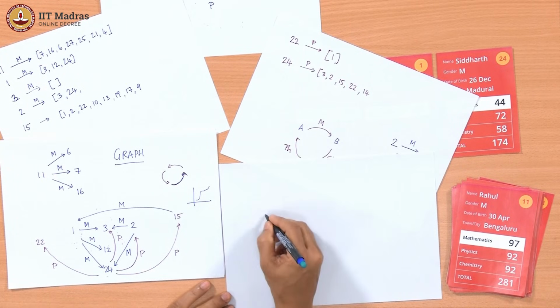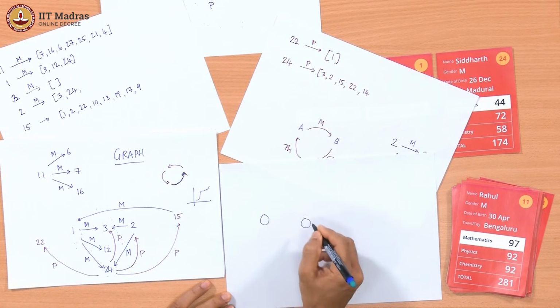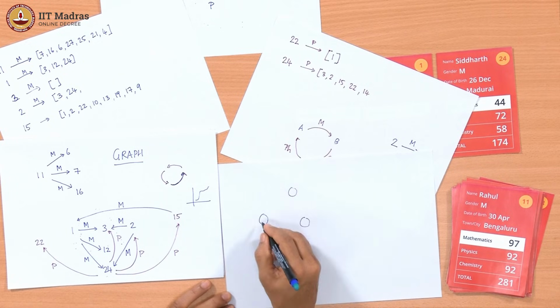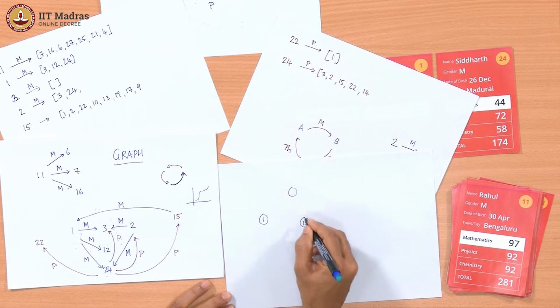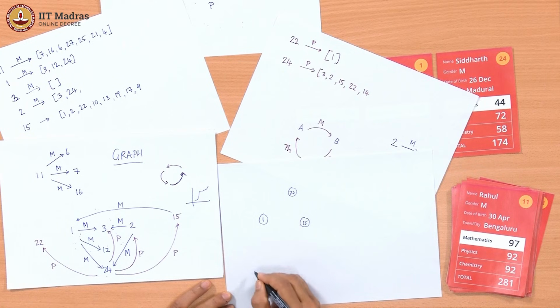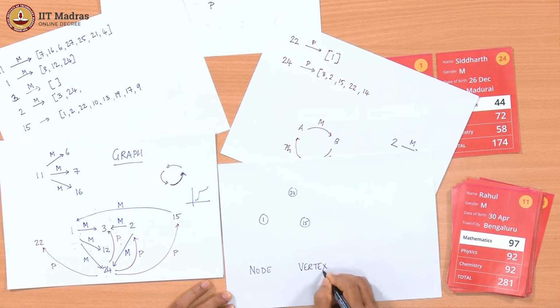So you have these things where, in our case, these are students. We put some labels like 1, 15, 22. What are these round things called? Normally we will call them either a node or a vertex of the graph. So these are the items that we are trying to connect, the things we are trying to relate.